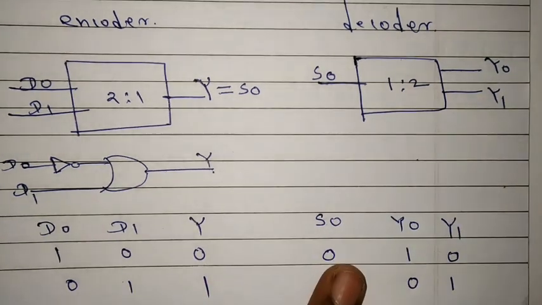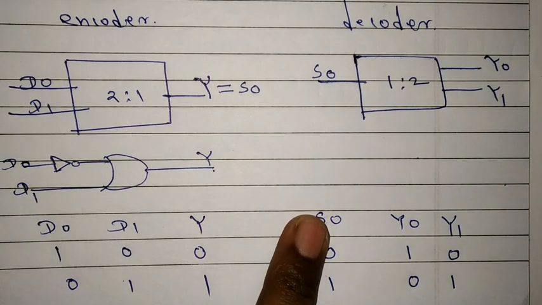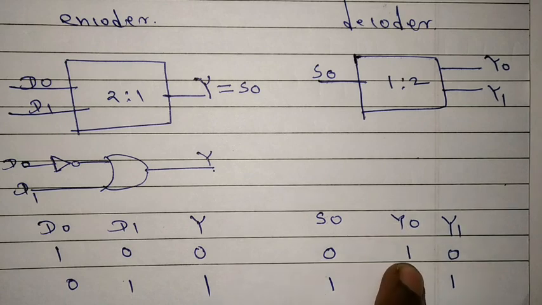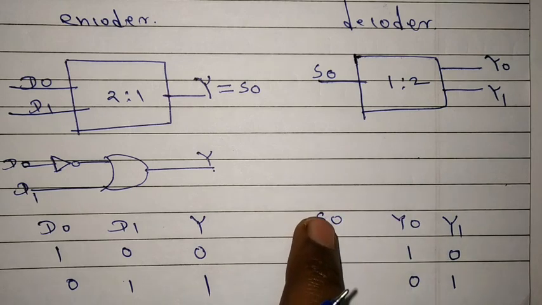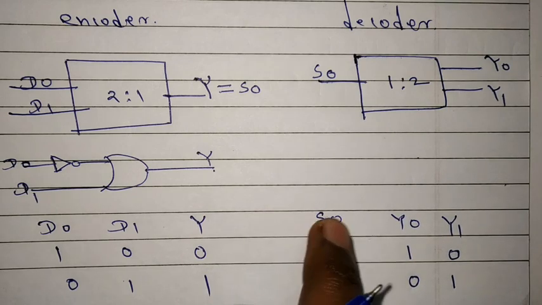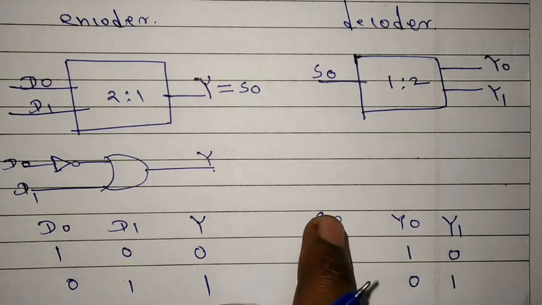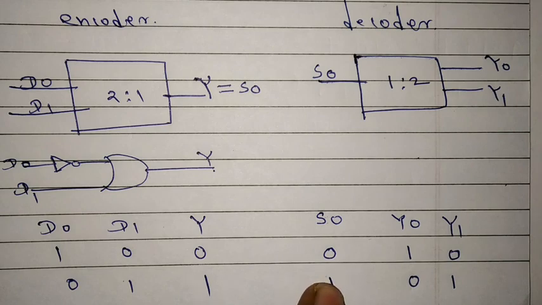Likewise, in the decoder, if S0 is 0, meaning the input is 0, then the first output will be on, and if the input is 1, then the second output will be on. Again I repeat, if the input S0 is 0, then the first output will be selected, and in the second row, S0 is 1, then the second output will be selected.